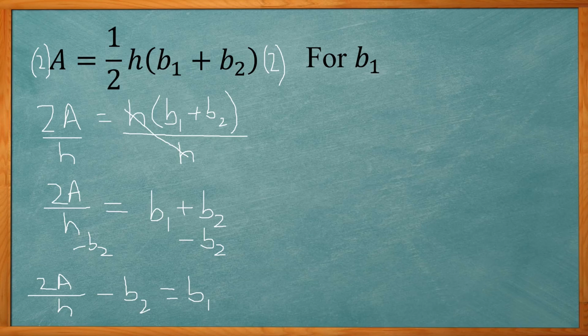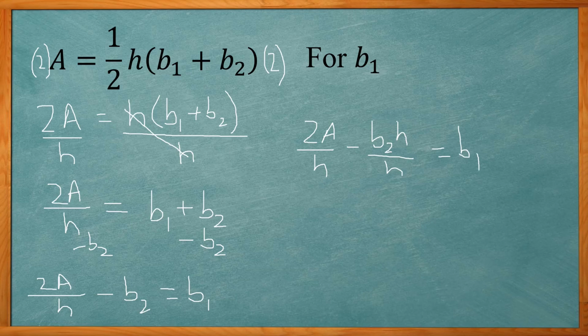Now typically you want to combine the 2A over h and B2. In this case, they have a common denominator of h. So you have 2A over h minus B2 h over h equal to B1.